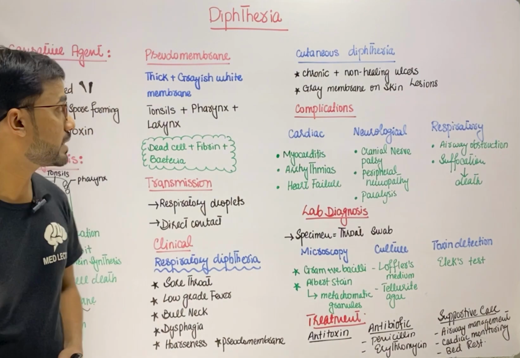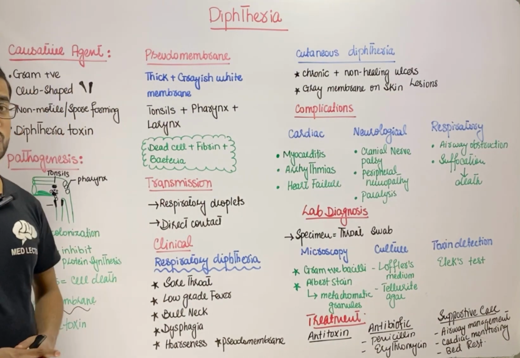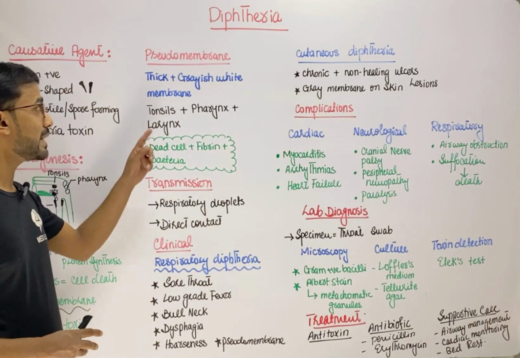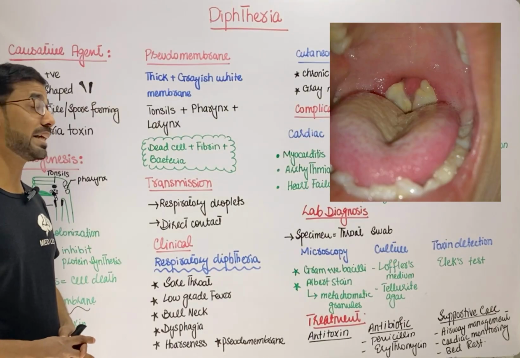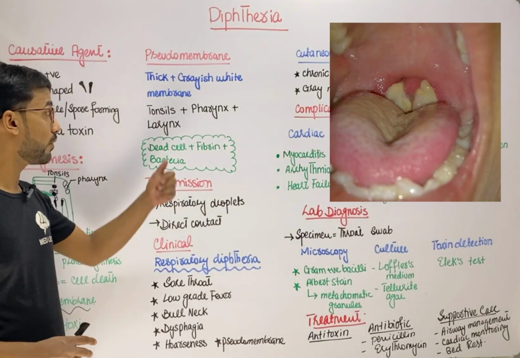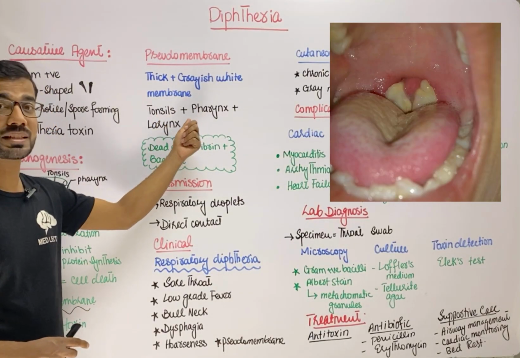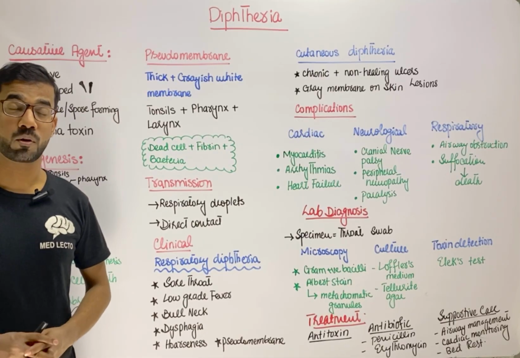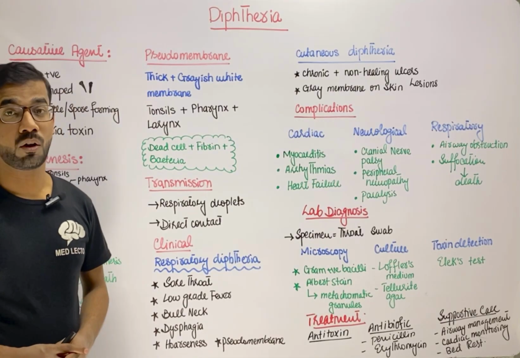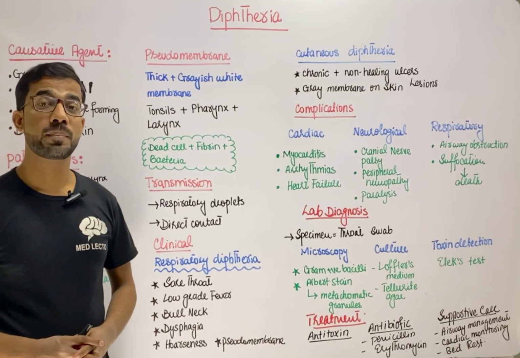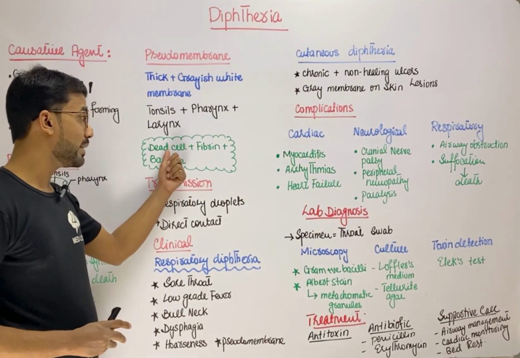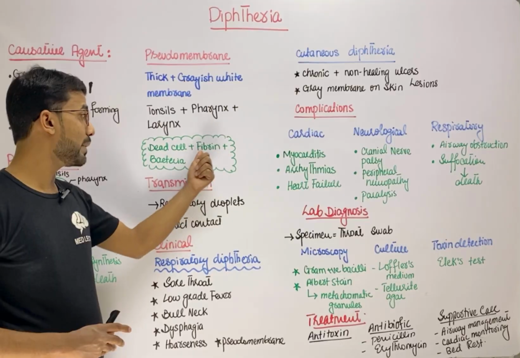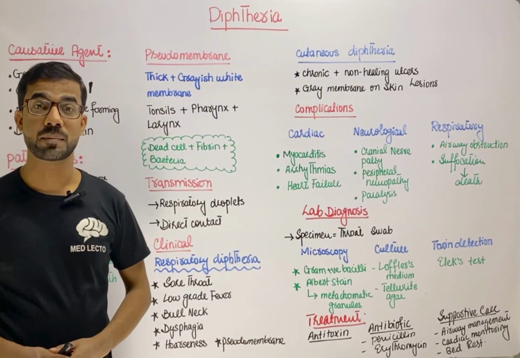Next, we will see about the pseudomembrane. Pseudomembrane is a thick grayish white membrane over the tonsils, over the pharynx, and over the larynx. So that is the important thing. Its composition is dead cells, fibrin, and the bacteria present in this membrane.